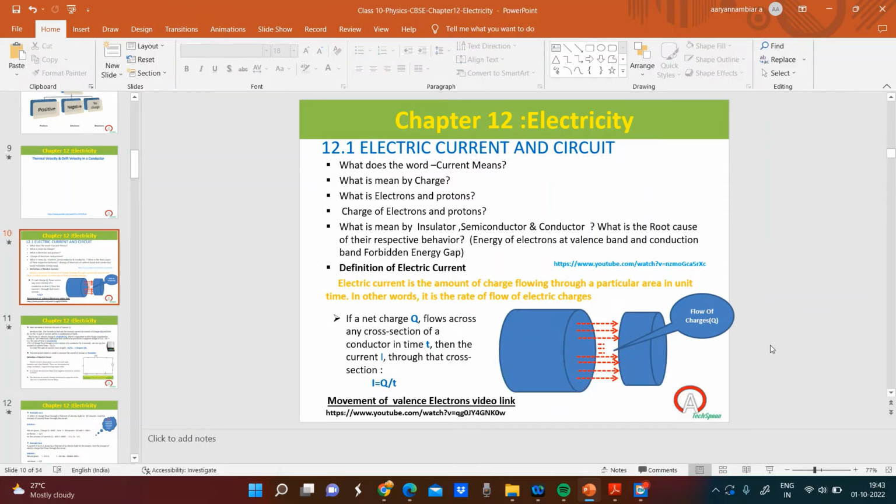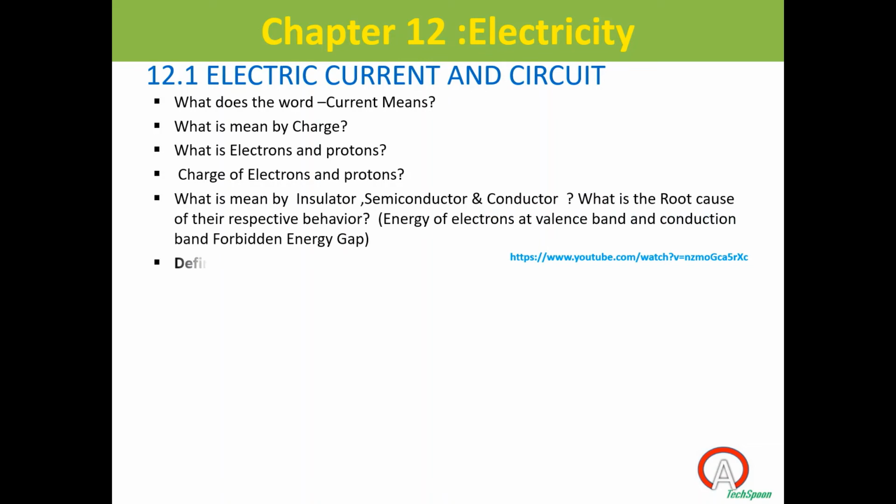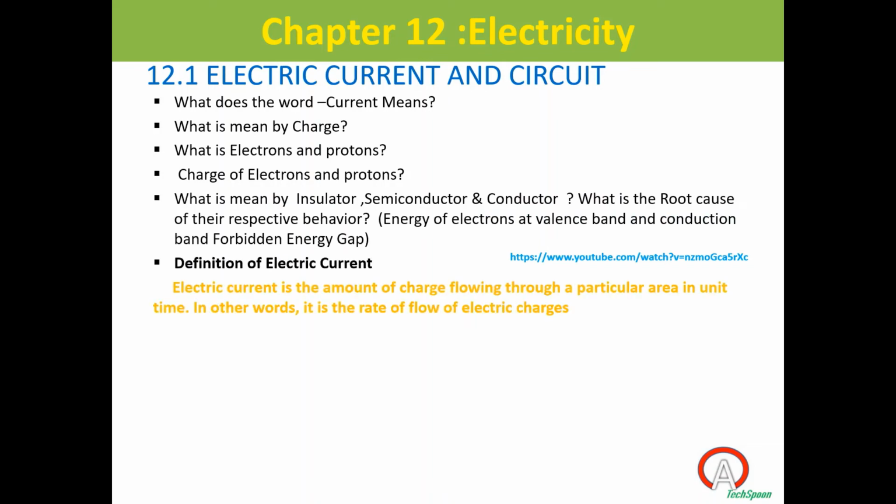Electric current is the amount of charge flowing through a particular area in unit time. Full stop. In other words, it is the rate of flow of electric charge.